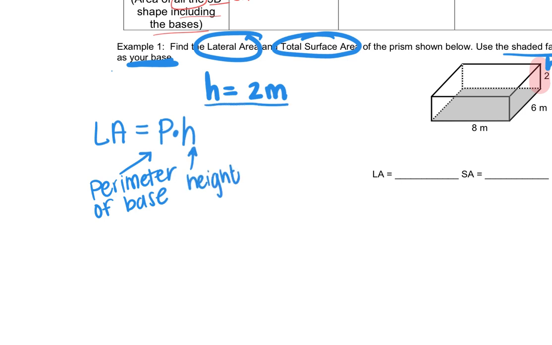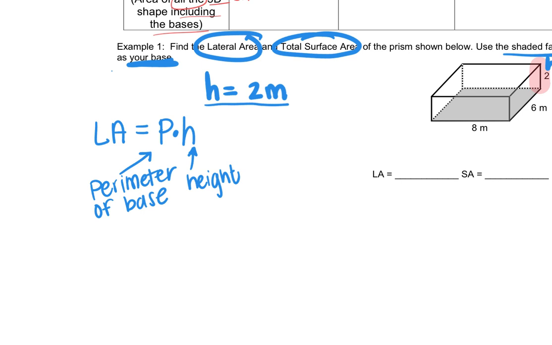And remember, P and H are right next to each other, which means they're multiplying. I want you to recall that big P means the perimeter of the base, and that H means the height. I already know what the height is, right? I looked at it in my drawing.